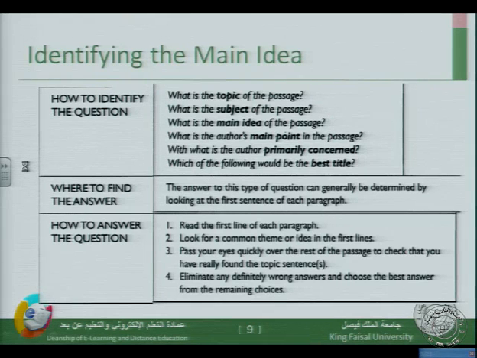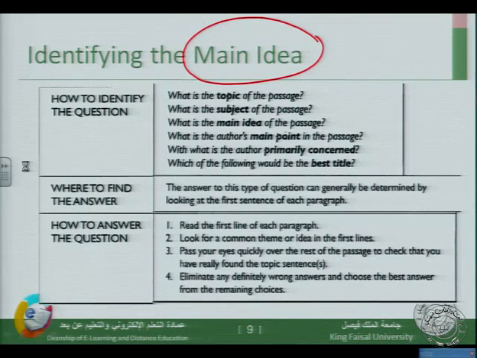Well, we have finished now with one of the reading strategies, that is how to get the meaning of an unfamiliar word from the context itself. Now we're moving to another strategy, that is the main idea. In any passage, if someone asks you a question, the first question is going to be: what is the main idea of this paragraph?